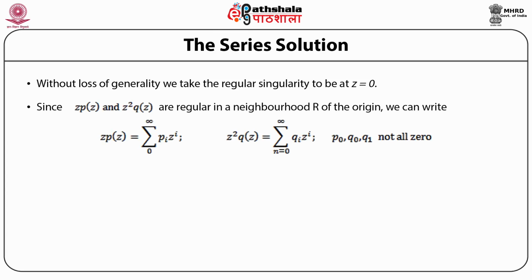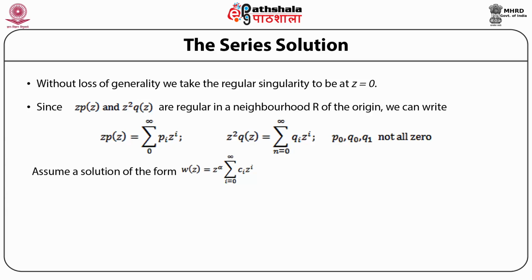Then, since z times p(z) and z square times q(z) are regular in a neighborhood R of the origin, they can be expanded in Taylor series. z times p(z) will be equal to summation over i going from 0 to infinity p_i into z raised to power i. z square times q(z) will be equal to summation over i going from 0 to infinity q_i times z raised to power i, where p0, q0, q1 are all non-zero.